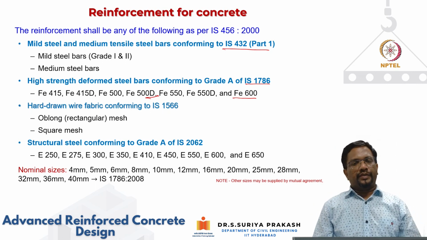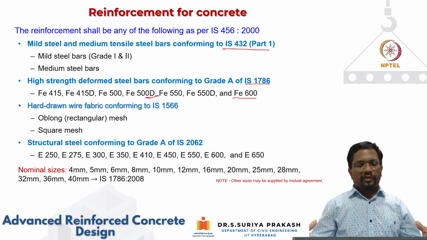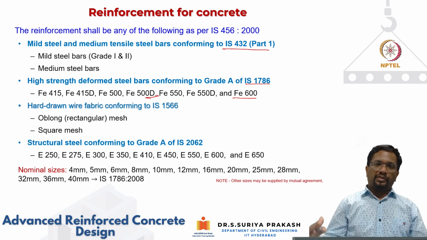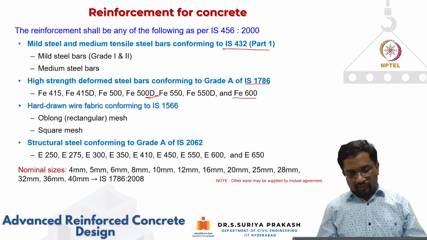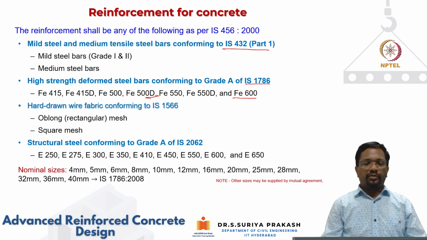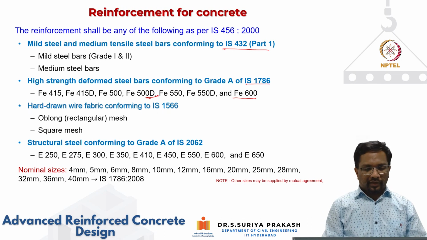And structural steel, as we know, we are not going to use as a reinforcement, though sometimes, depending upon the requirement, steel sections are also embedded in concrete. But in this lecture, we are going to talk only about reinforcement rebars that are embedded in concrete.